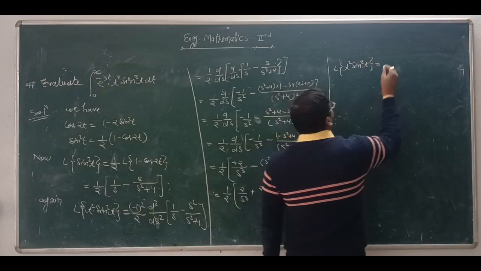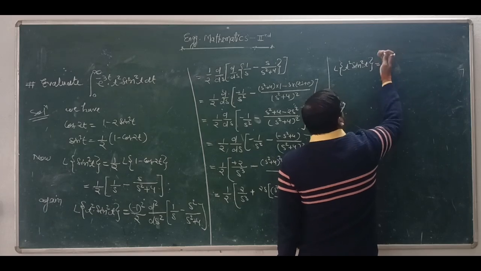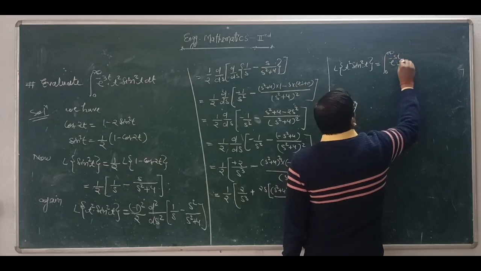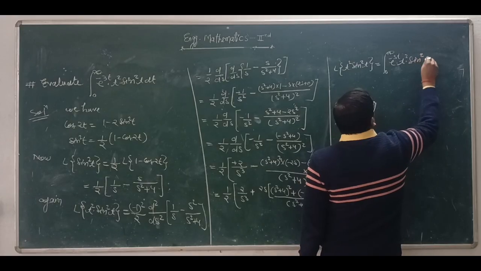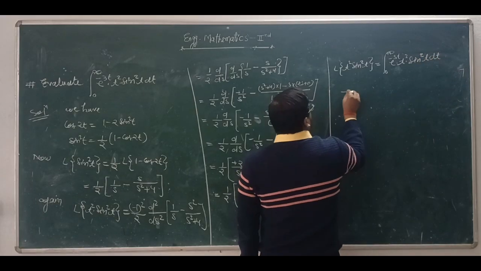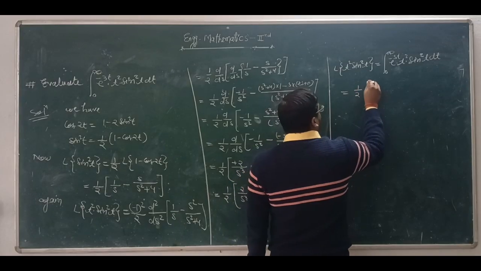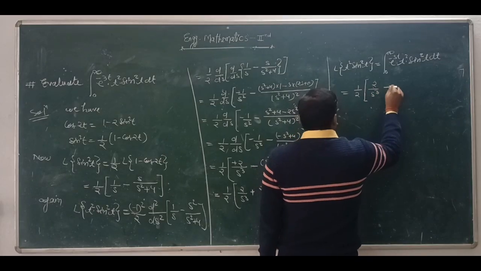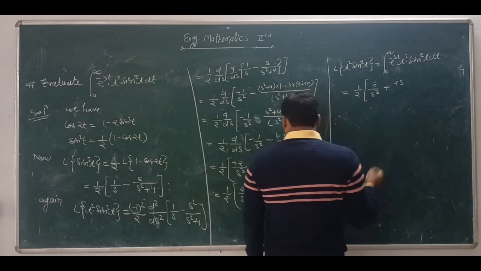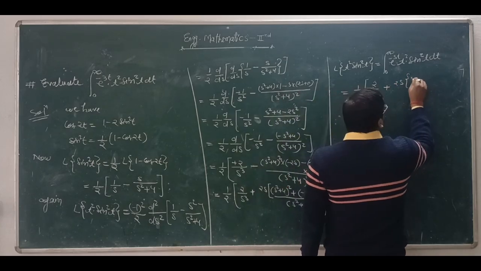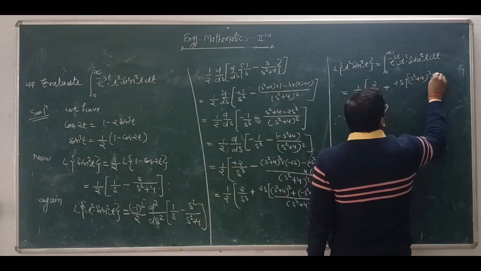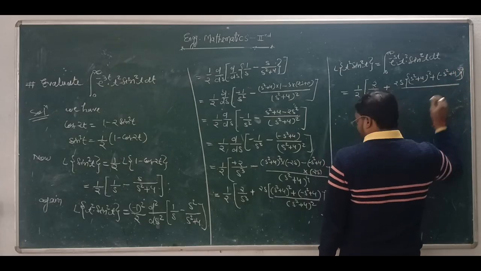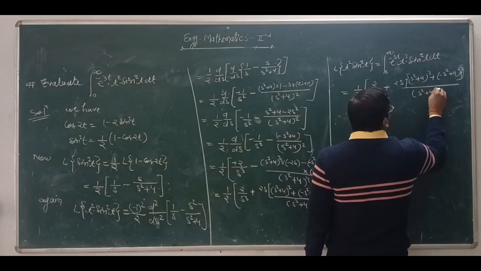It can also be written as the integration from 0 to infinity of e to the power minus st into t square into sin square t dt, equal to 1 by 2 of (2 upon s cube plus 2s into (s square plus 4) to the power 2, plus (minus s square plus 4), total upon (s square plus 4) to the power 4).